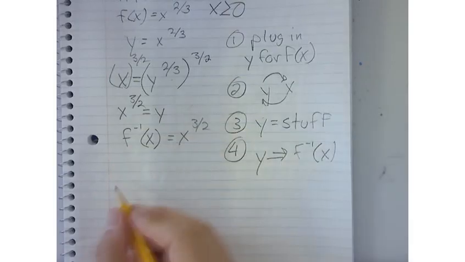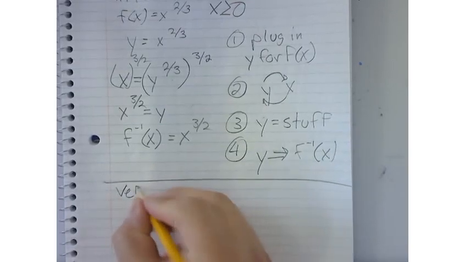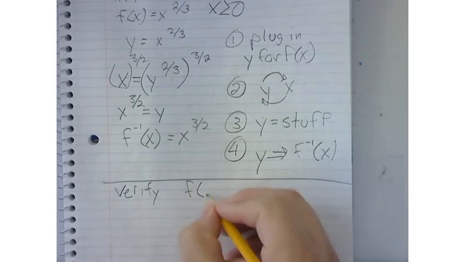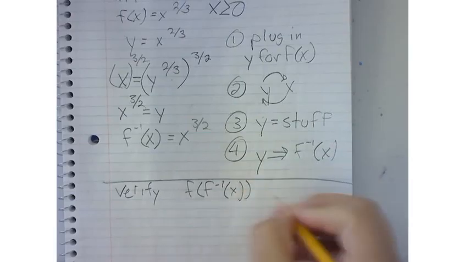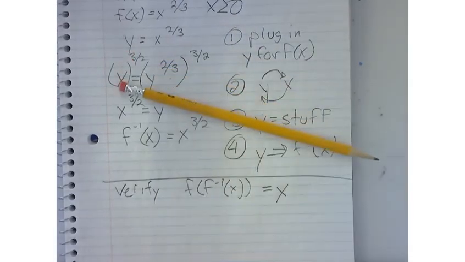Now the question, I'm sure you guys could probably figure that out, but the verify is the tough part, right? Here's how you verify. If I take f of f inverse of x, it will always equal x. So if I make a composite function and plug one into the other, it will always equal x.